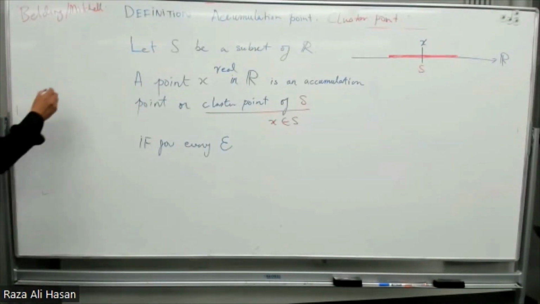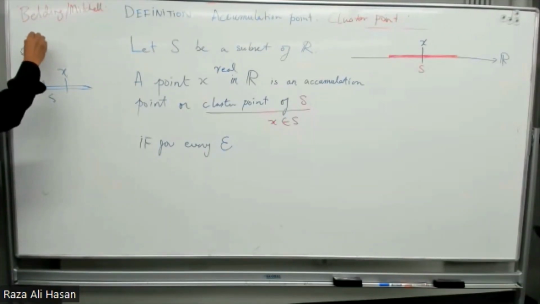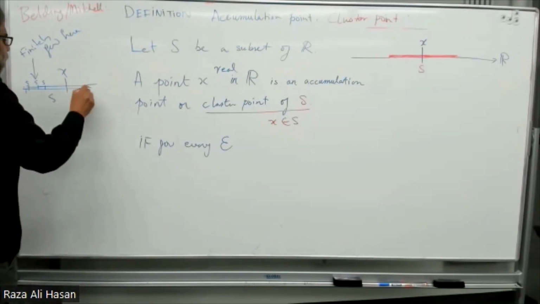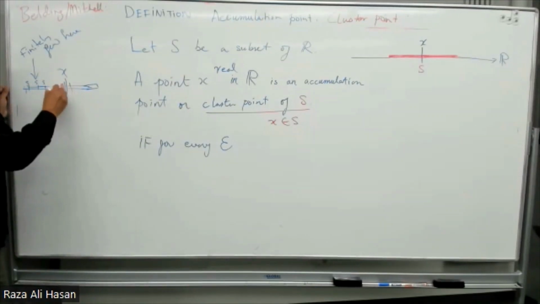So the whole idea of cluster point is you have X here, and this is your set, let's say your set S, and there were some S here, and then there were finitely few here, and then all of a sudden, they started to jam up and fall on either side.